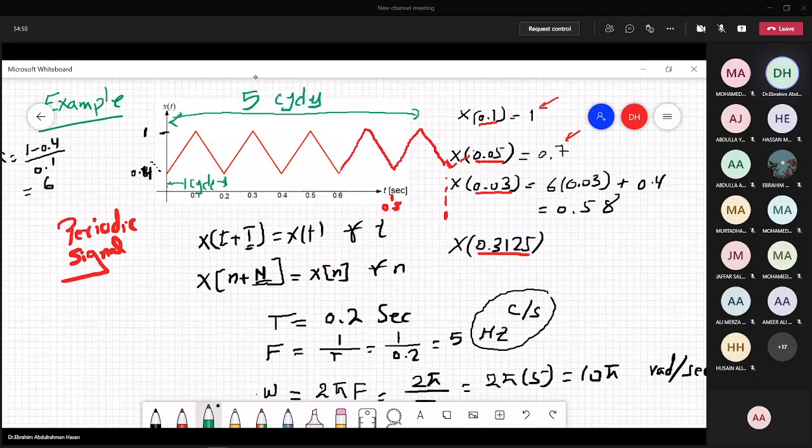Sorry, it's until here. This is 5 cycles. For this reason, we said it is 5 cycles per second. In 1 second, we have 5 cycles, meaning it's repeating itself 5 times in 1 second. That's why we call it 5 hertz or 5 cycles per second.